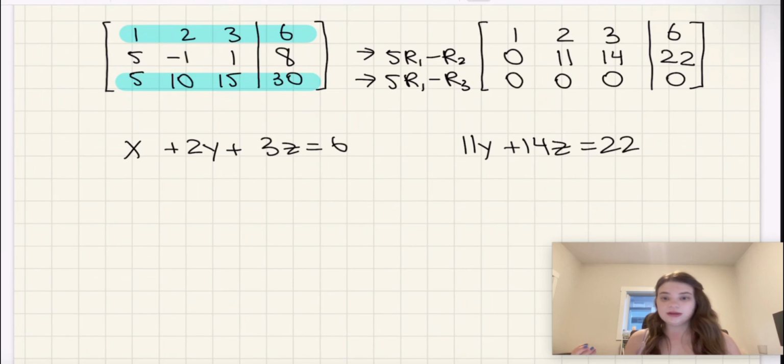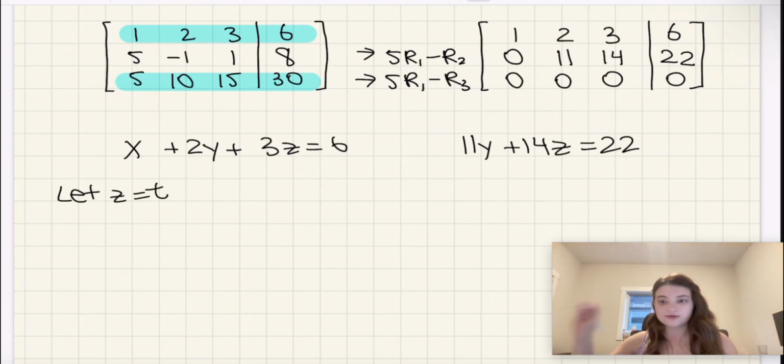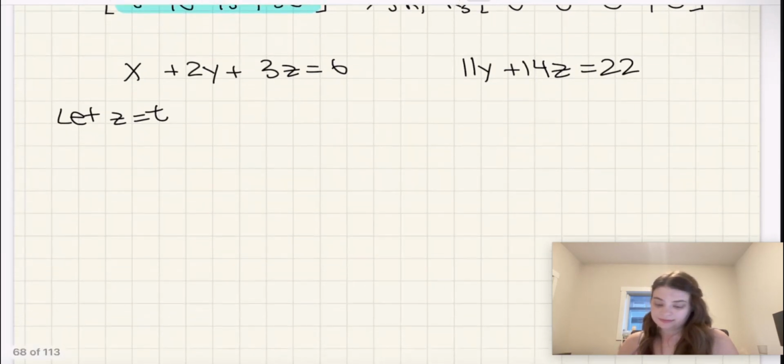Now, in this case, we're going to let z equal t. And the reason we can do that is because we have a full row of zeros, meaning that we do have a free variable. So what we're next going to do is substitute t for z, and solve for what the other two variables would be.